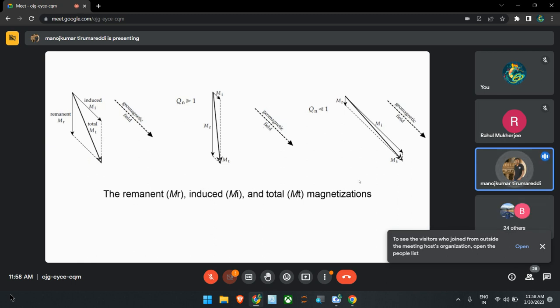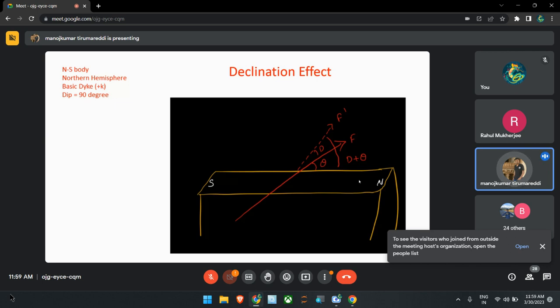It is minus 2 to plus 2 broadly in most of the survey areas. Because of that, the inclination changes slightly and the anomaly will change.